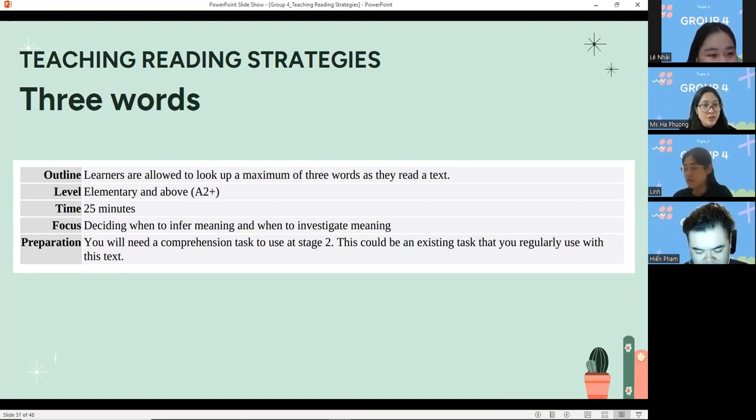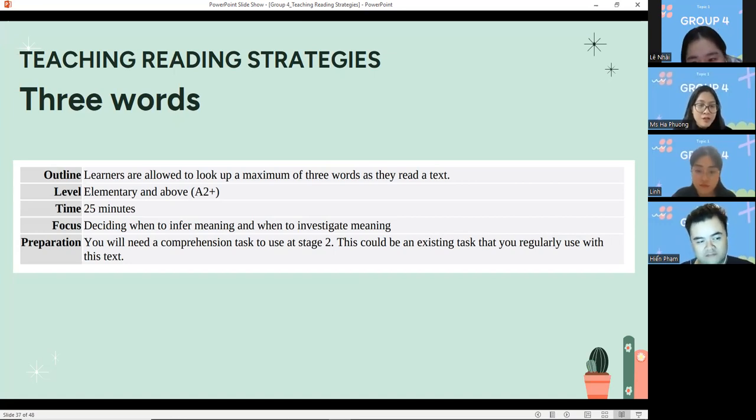It is suitable for students at elementary level and above, A2 plus. The time is about 25 minutes and it's allowed for primary students. The maximum for primary school is 35, so it is suitable for young learners. It focuses on deciding when to infer meanings and when to investigate meaning.